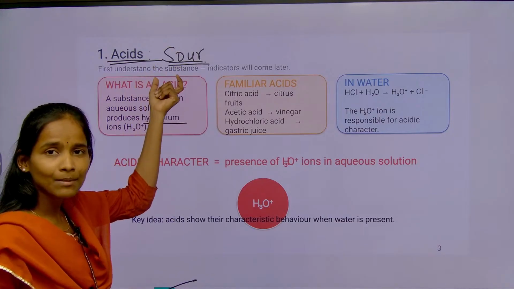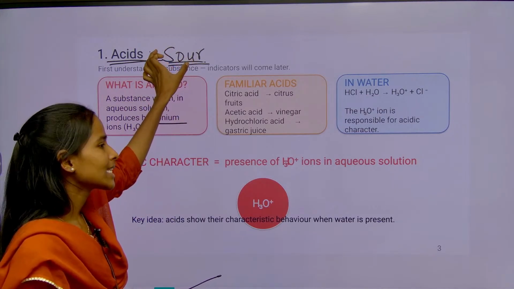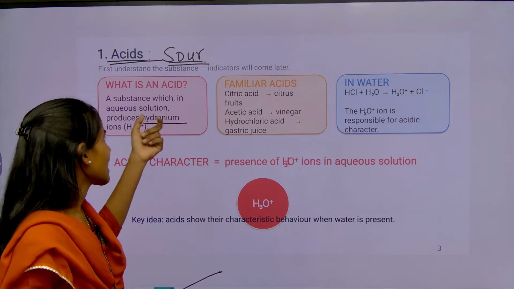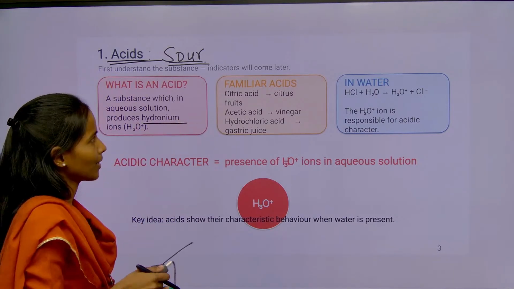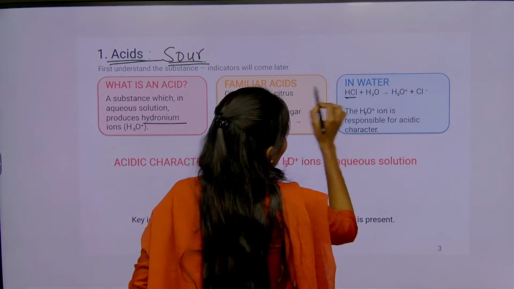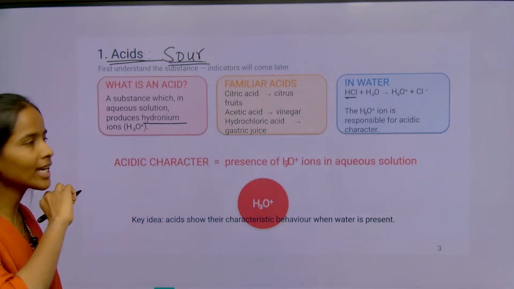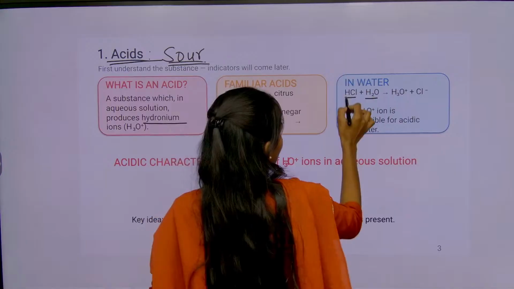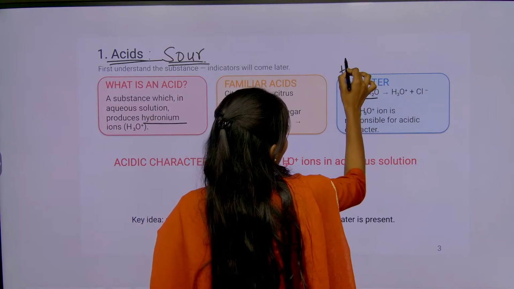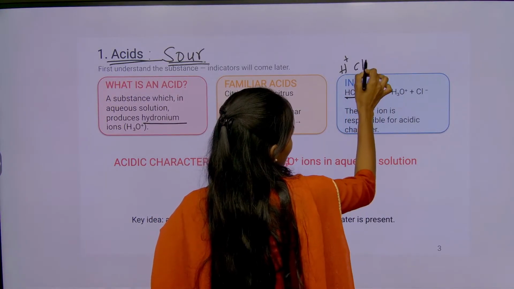An acid is a substance that is sour in taste, and in the presence of water it releases hydronium ions. How? For example, if we take HCl, hydrochloric acid, and add it to water, HCl exists as H+ and Cl-.